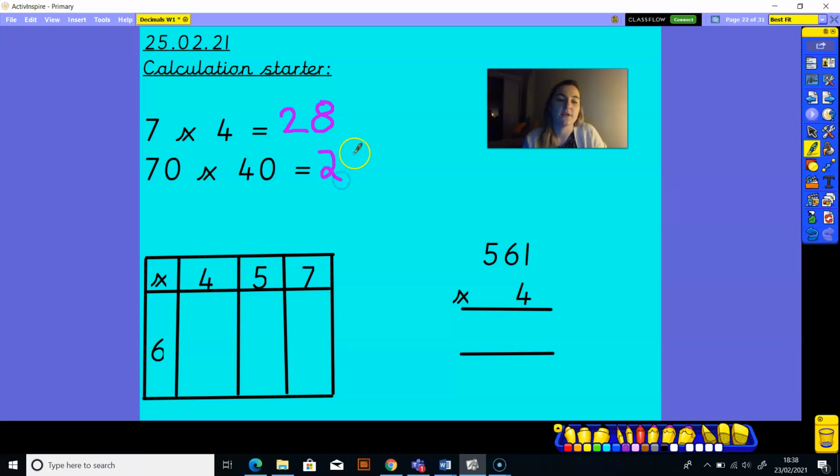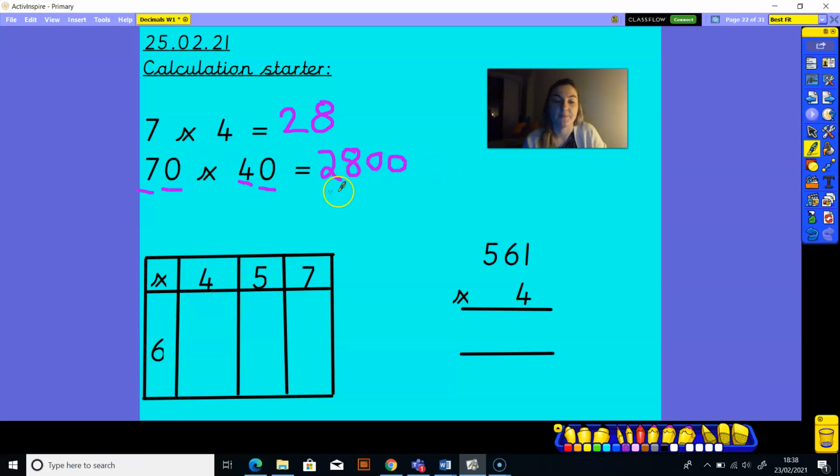And I know that 70 times 40 is equal to 2,800, because I have got tens here, and I know that I need to add 2 zeros onto my answer. Okay, so my knowledge from the first calculation has helped me solve the second one when it could have been a little bit tricky.